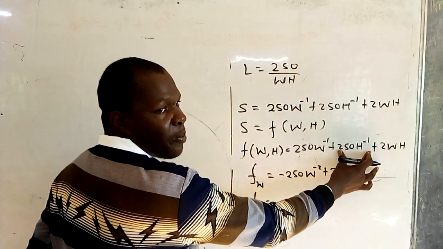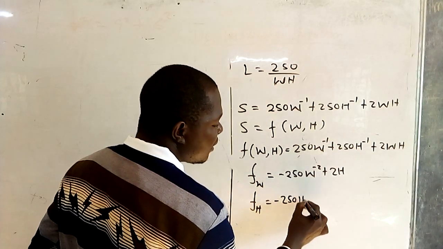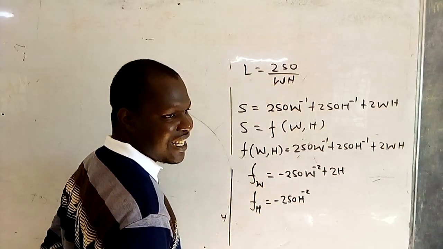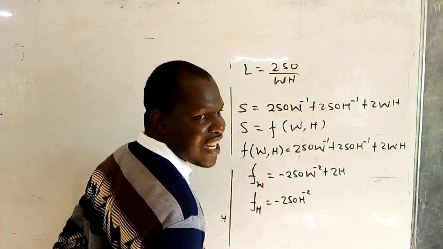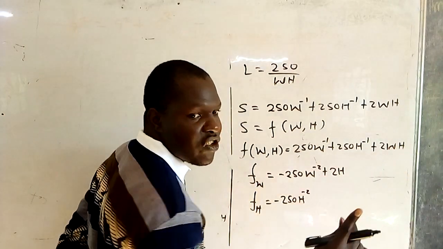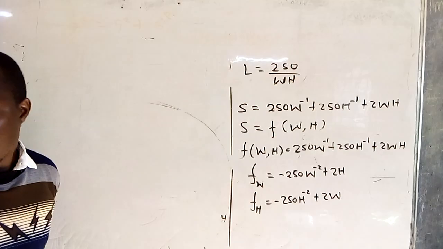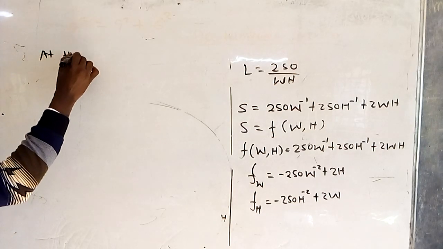If you differentiate this partially with respect to H, you get negative 250, then you reduce the power of H by 1. Negative 1 minus 1 is negative 2, isn't it? If you differentiate this, 2W is a constant, you differentiate H, you get 1. So you remain with the plus 2W. Are we together?